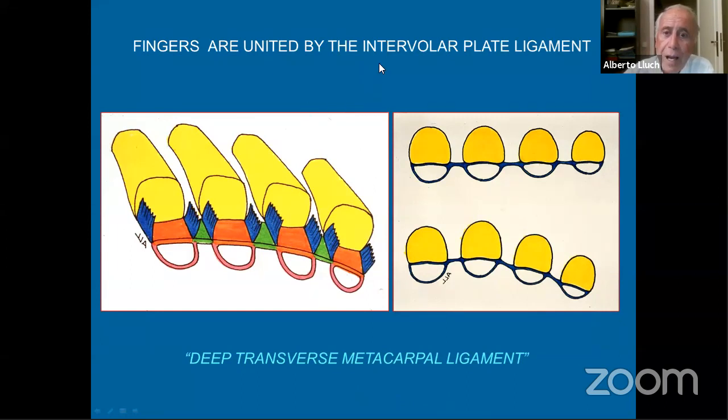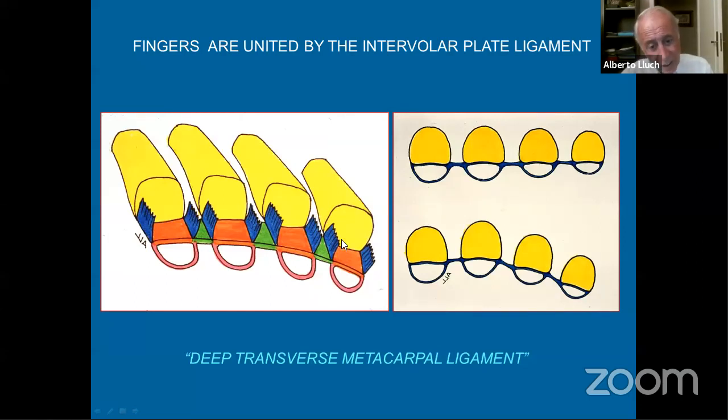The fingers are united by the intervolar plate ligament. The anatomists call it the deep transverse metacarpal ligament, but it's a misnomer, because this ligament does not insert into the metacarpals. It goes from one volar plate to the other volar plate, as we can see here. So this is the insertion of the sagittal bands in blue.